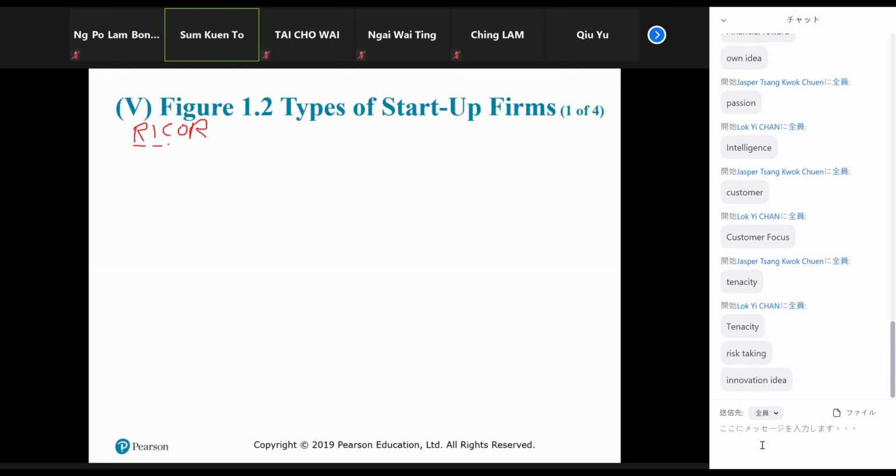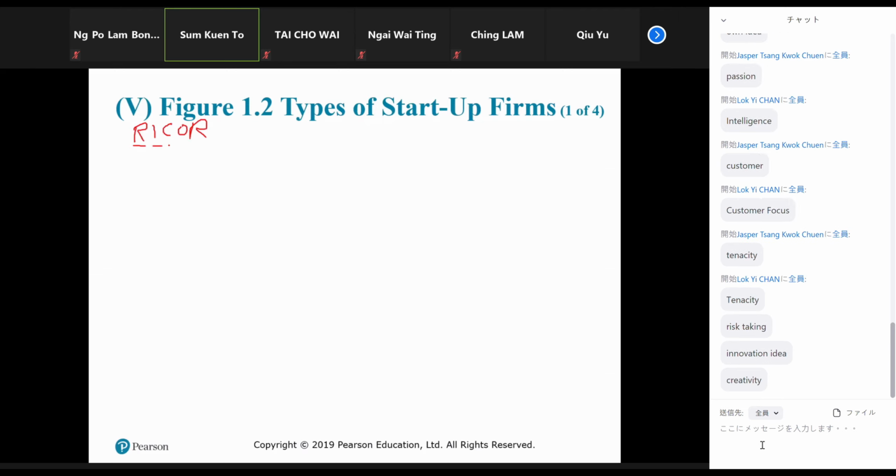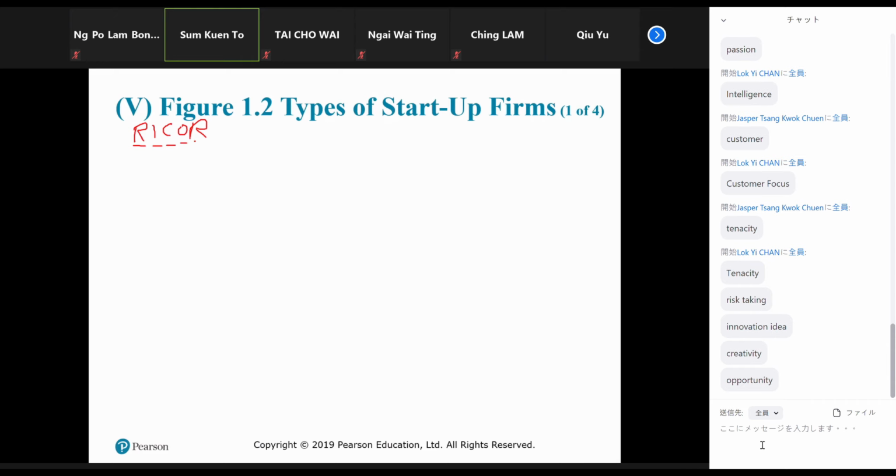And then C. Innovative idea, C, creativity. O. Actually, O is my next topic for chapter 2. Opportunity, very good. And the R is resources. Okay? Recall.